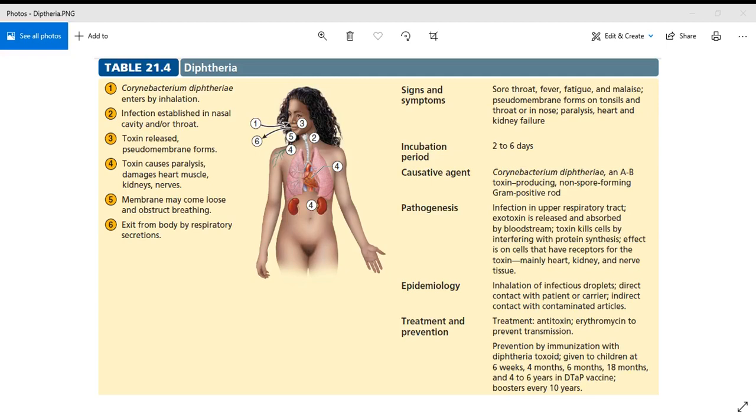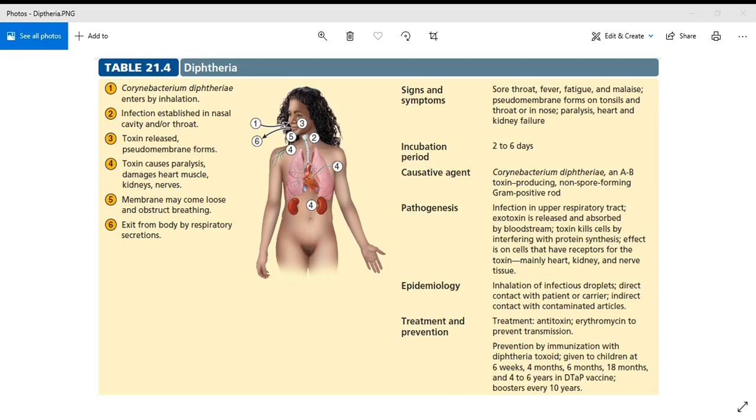Now, this toxin will form what we call a pseudomembrane, and then this membrane can get loose and obstruct the airway, suffocating the patient. The toxin may also find its way into the bloodstream, and it can eventually get to the heart, the nerves and the kidney, and cause extensive damage and failure.